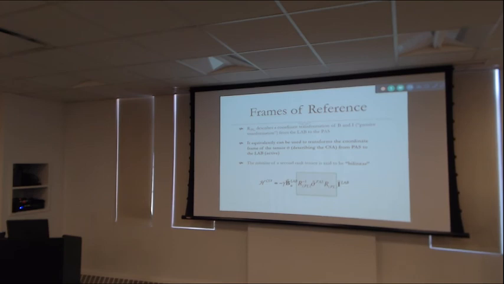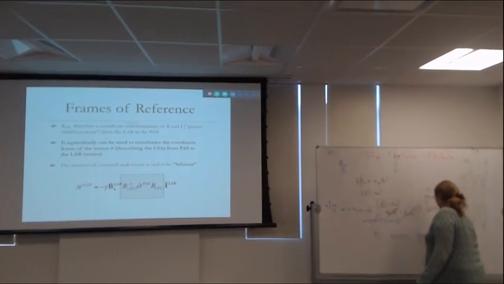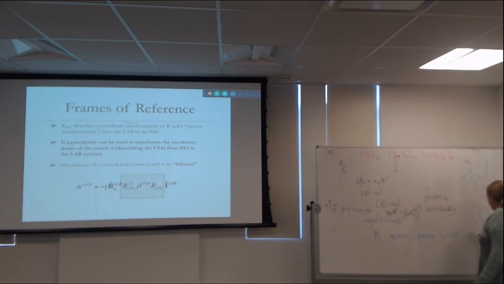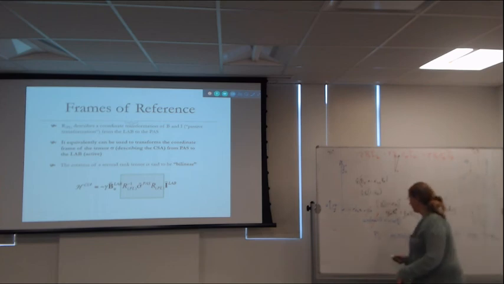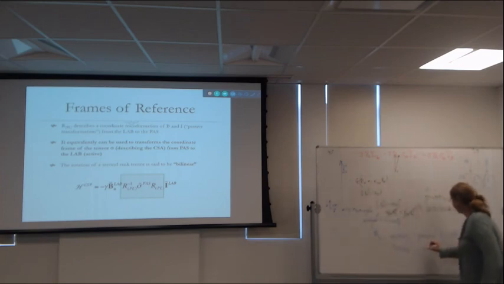For the vector, when I was working with the vectors, that's a passive frame transformation, where we started out in the lab and we ended up at the PAS. That's the same as if it would be active from the PAS to the lab. Okay, those vectors are B and I. They start out in the lab frame and they're passively moved to the PAS axis. But here, for the tensors, the same rotation can be used for the passive transformation from the PAS to the lab. And that's the way we're going to think about it.